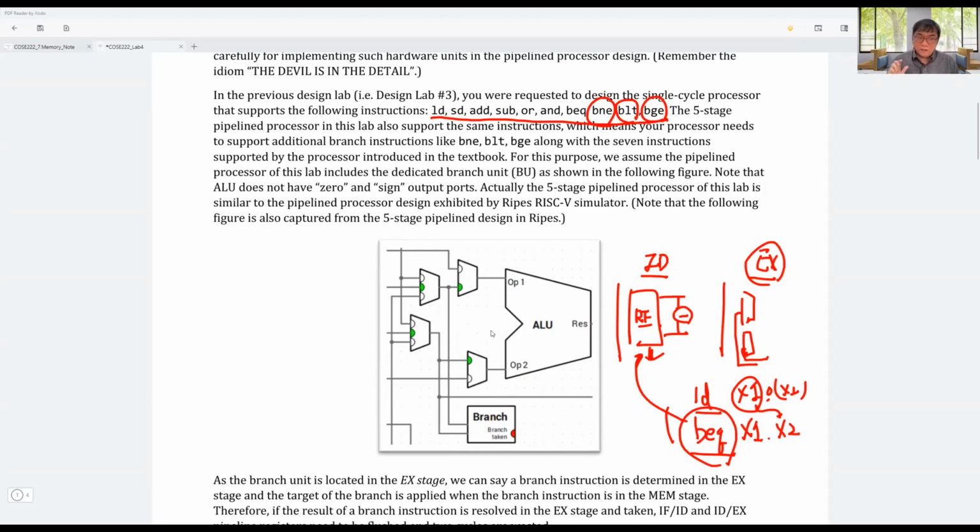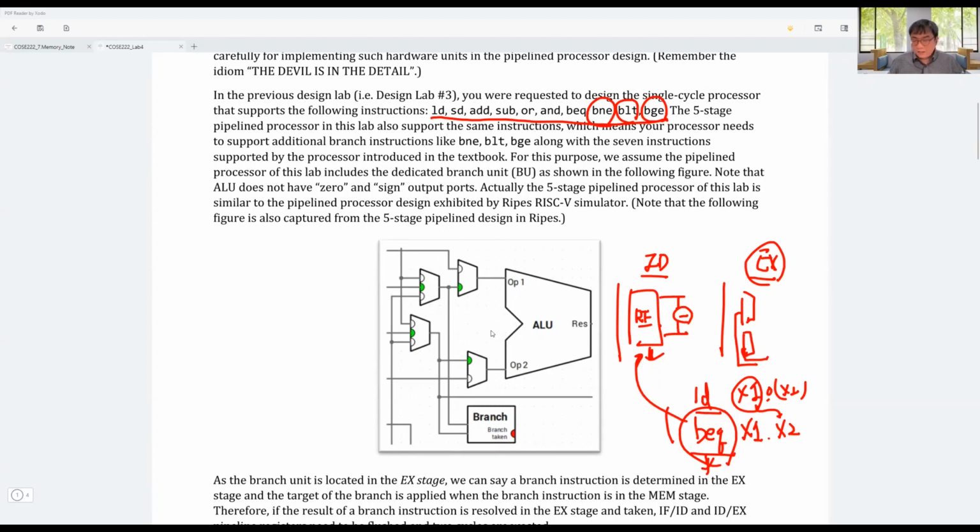In chapter 4, I explained data hazards, but I explained only the load-use data hazard. But as the branch instructions are enhanced for reducing control hazard, we also need to consider BEQ for this data hazard.